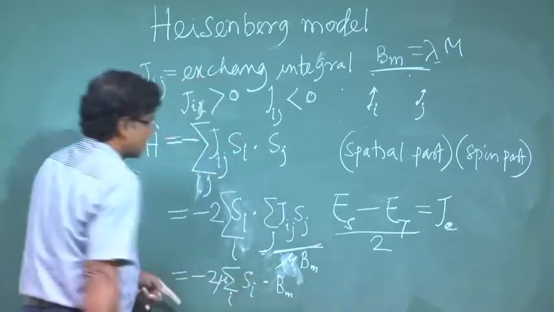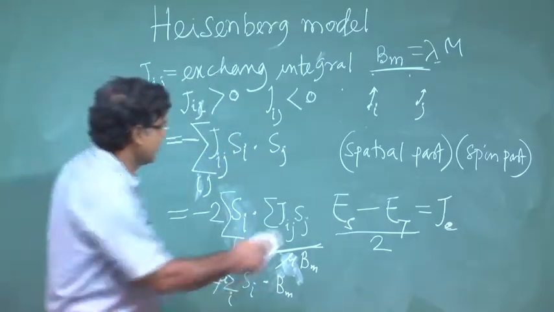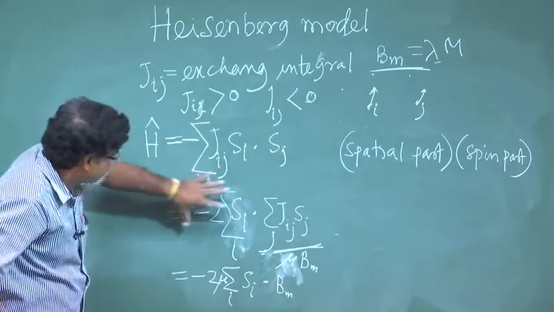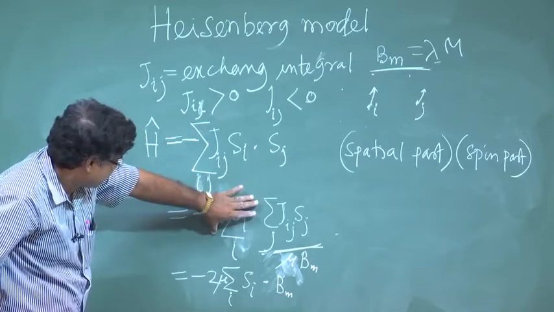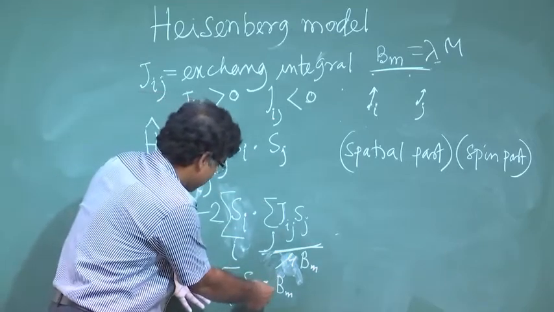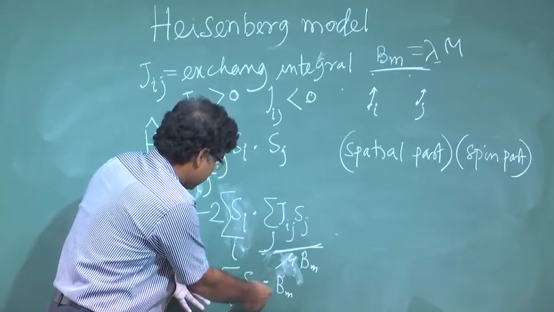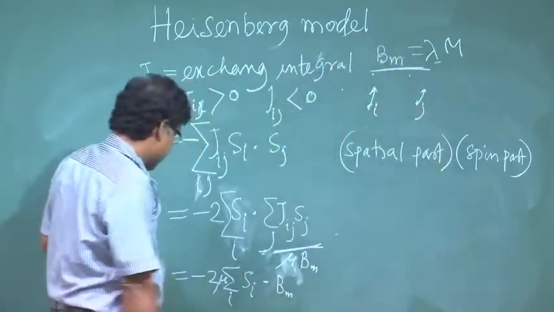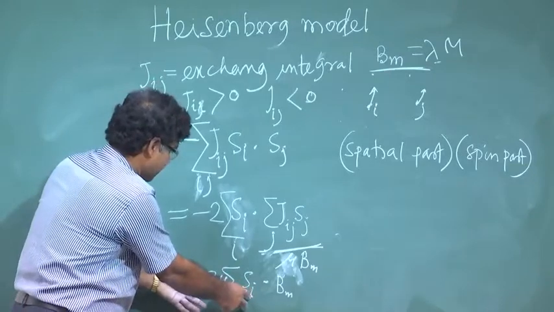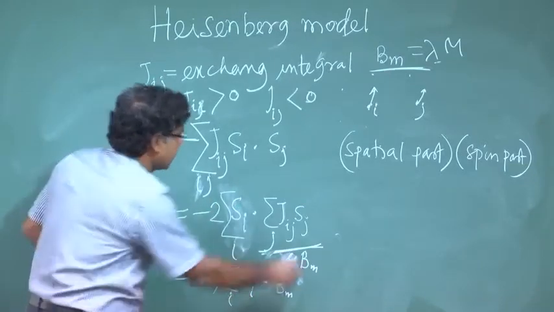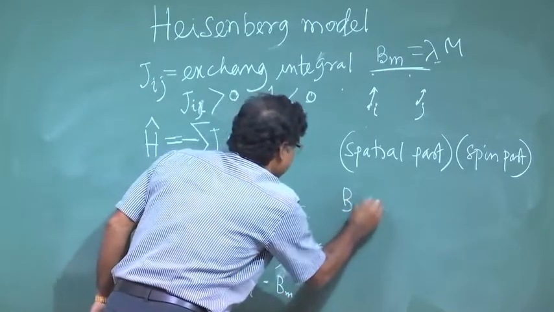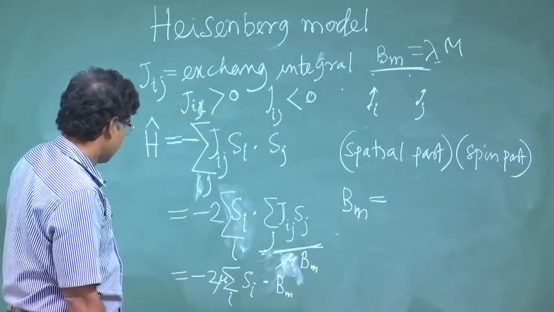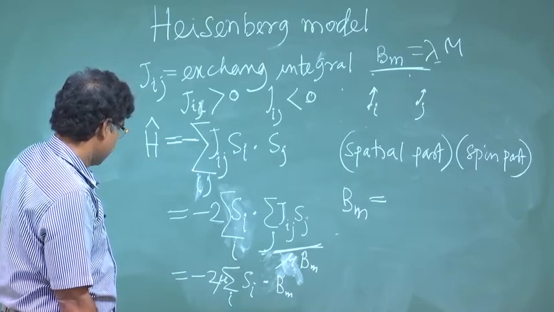So ultimately, this is my original expression. Now, considering this equivalent molecular field, I can write this one. So from here Bm is basically one can write from here.